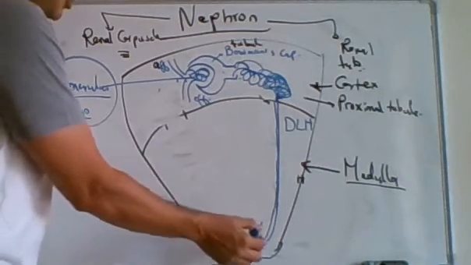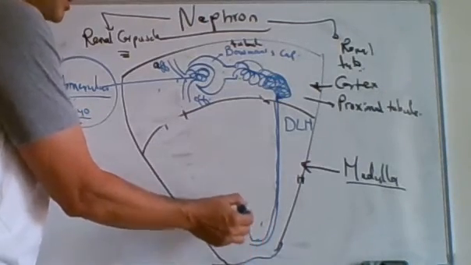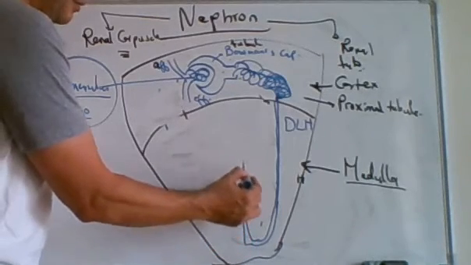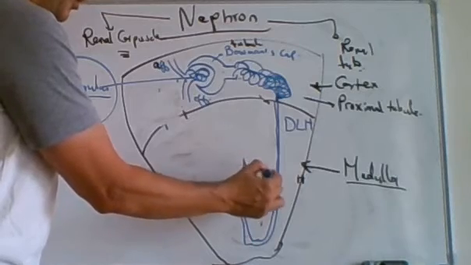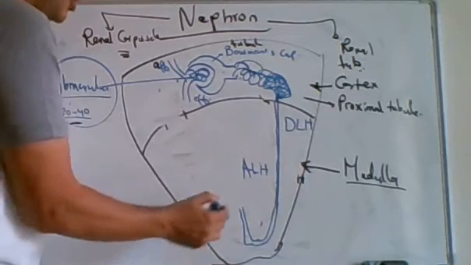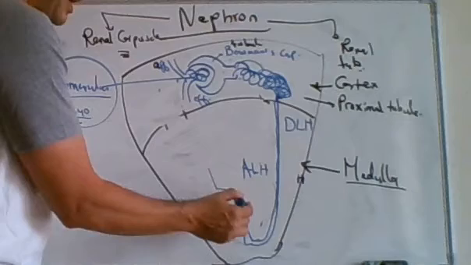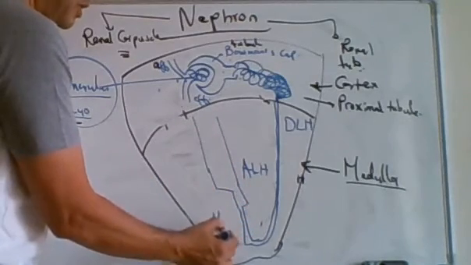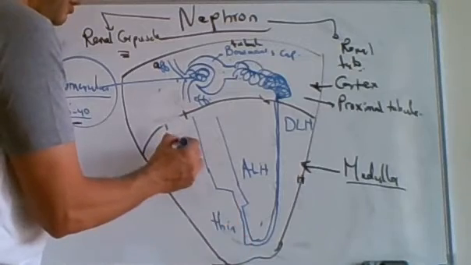When it reaches the tip of the inner medulla, it makes a bend, or U-turn, to form the ascending limb of the loop of Henle. In the juxtamedullary nephron, we have two segments in the ascending limb: a thin part and a thick part.